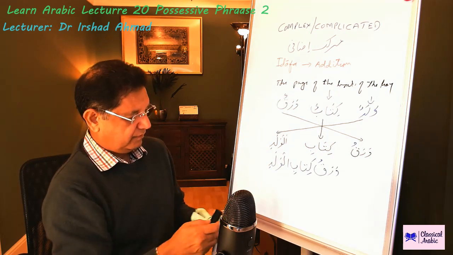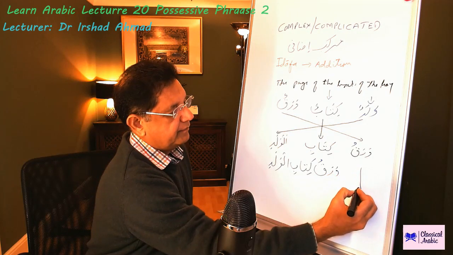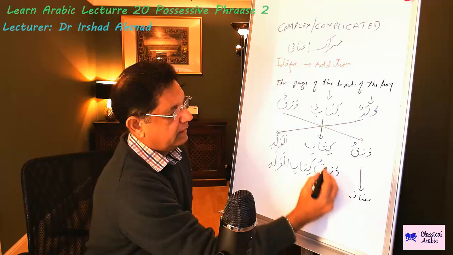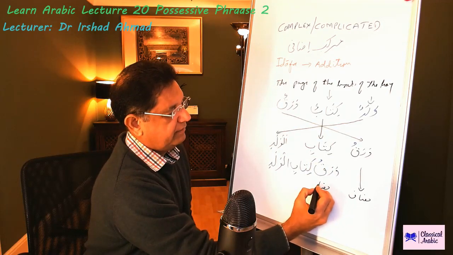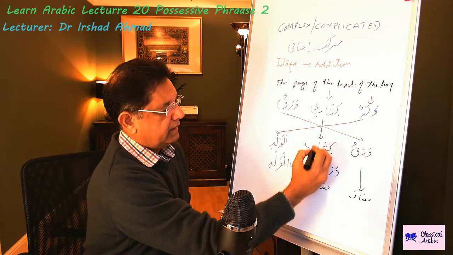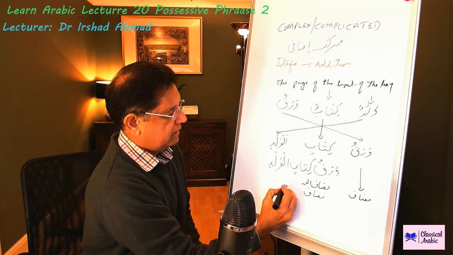So if we want to highlight that, that will be mudaf and that is mudaf ilayh. But then at the same time this is mudaf and this is mudaf ilayh.